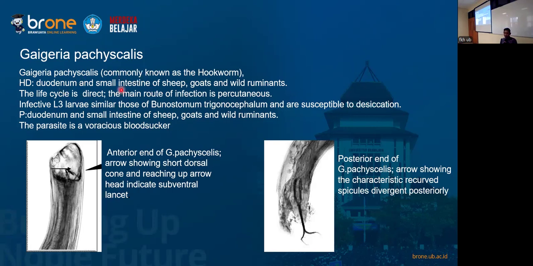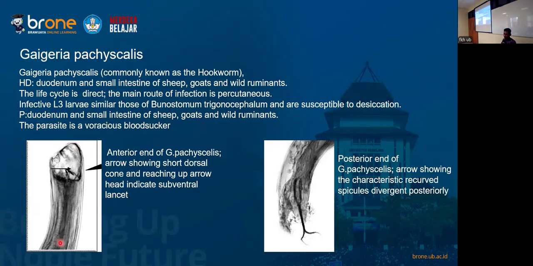The life cycle is direct, so they don't need an intermediate host. The infective L3 larvae are similar to those of Bunostomum trigonocephalum and are susceptible to desiccation. The parasite is a voracious blood sucker. So they need more blood and more blood, right?